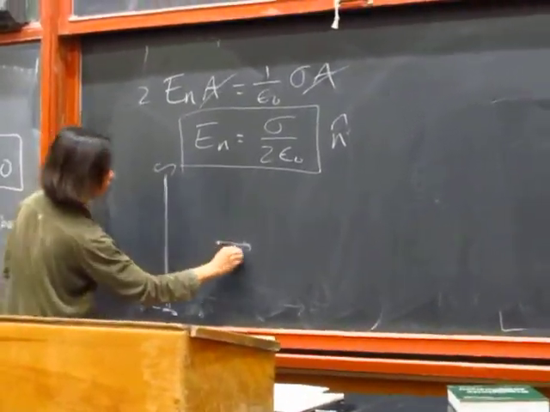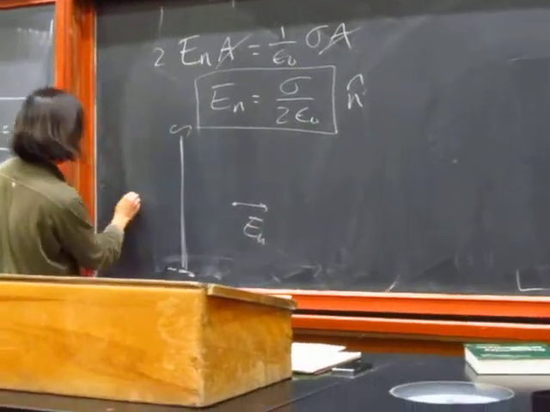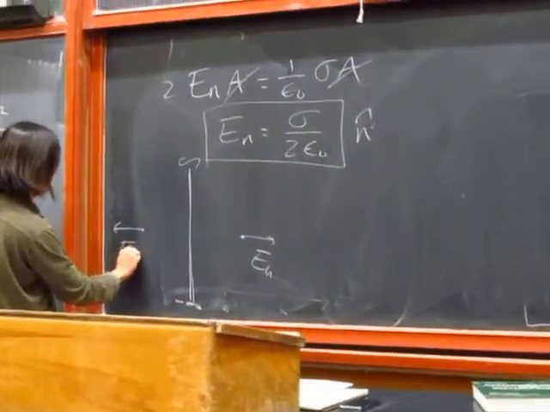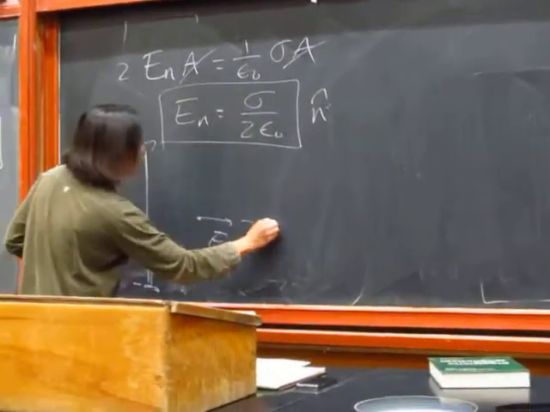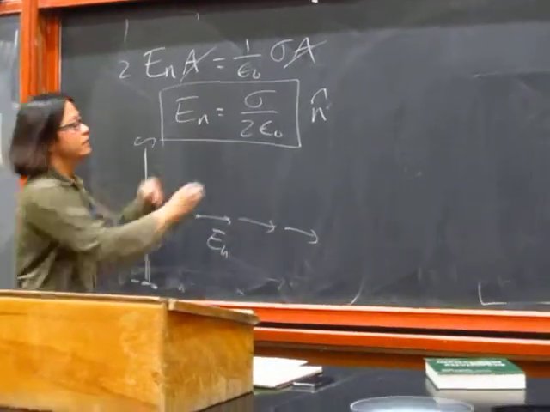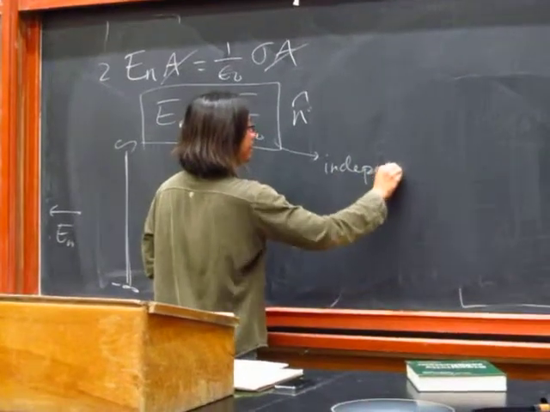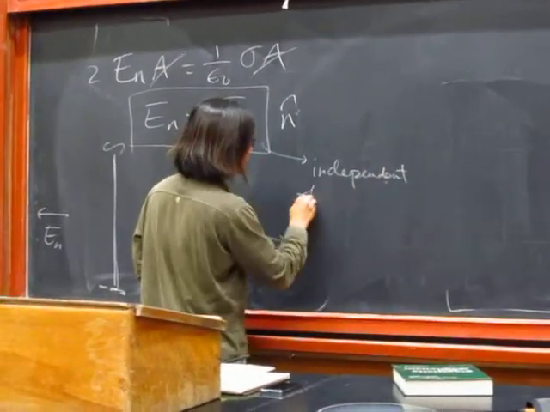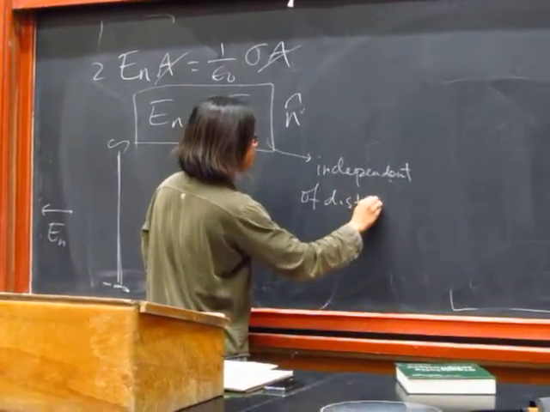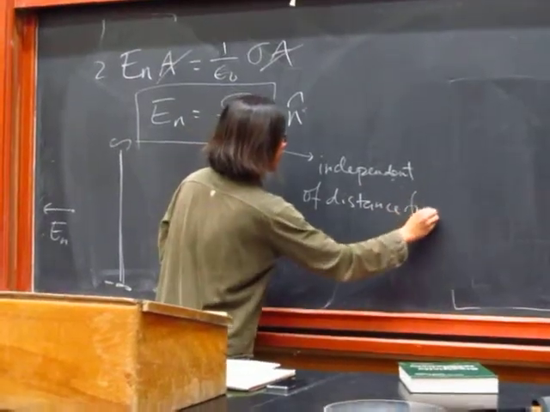Here is En, and there's also En here, but they're the same everywhere, right? Notice that it's independent of distance from the sheet.